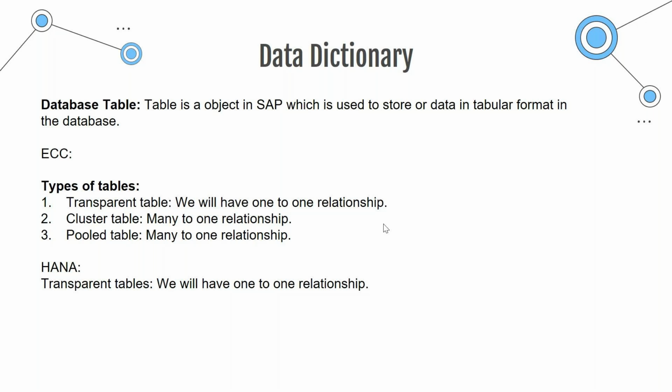Then we saw the differences between ECC and HANA. In ECC we have three types of tables: transparent table, cluster table, and pooled table. A transparent table has a one-to-one relationship. That means if I'm seeing 10 fields in a table in SE11, then at database level that table will also have only 10 fields. Whereas cluster and pooled tables have a many-to-one relationship.